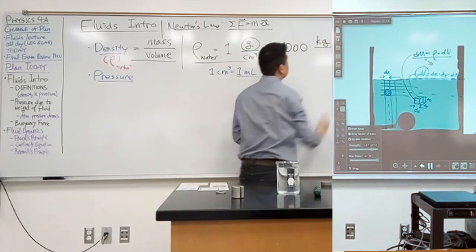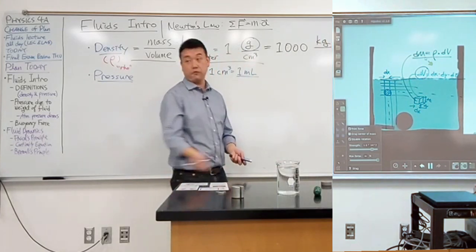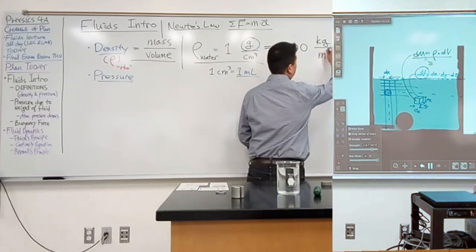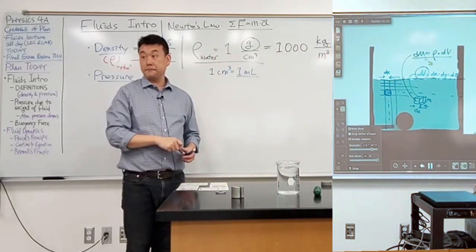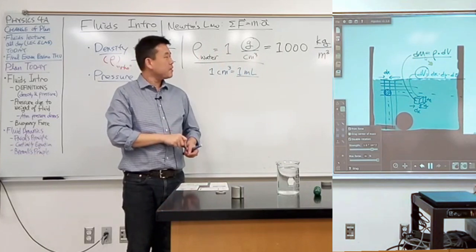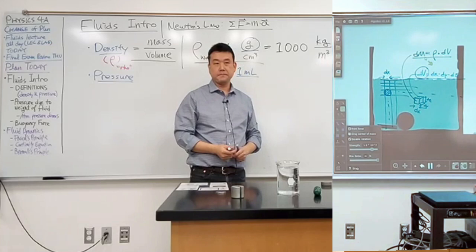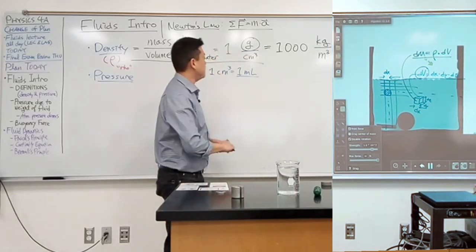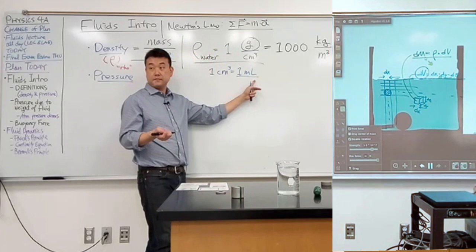Kilogram per. The base unit of length is meter. So cubic meter would be the base unit of volume. And does everyone here know how big a quantity a cubic meter is? Everyone here has some idea of what a liter is?